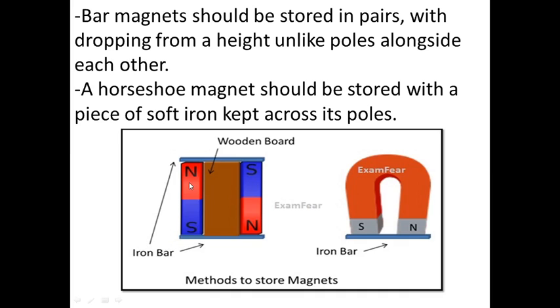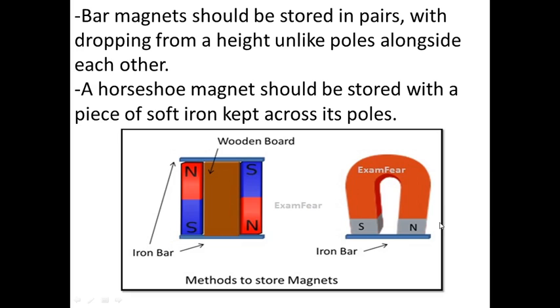In between the bar magnets we have to keep a wooden board or any non-magnetic material. A wooden board is commonly used, and the poles are covered with a soft iron bar. We have to protect the poles with that iron bar, to avoid the loss of magnetic properties.